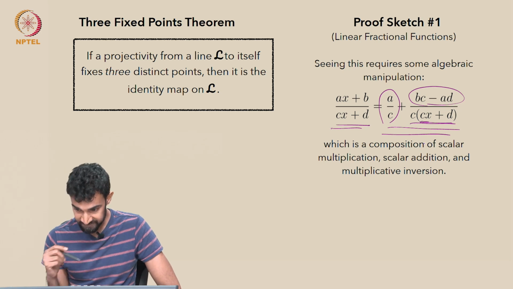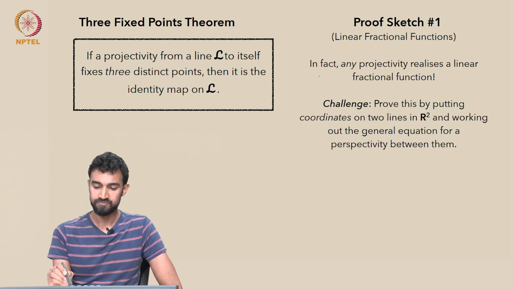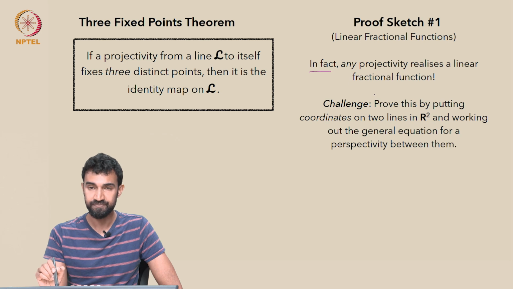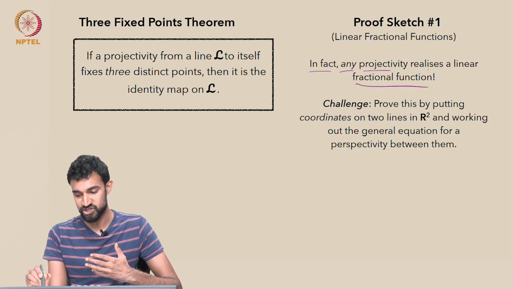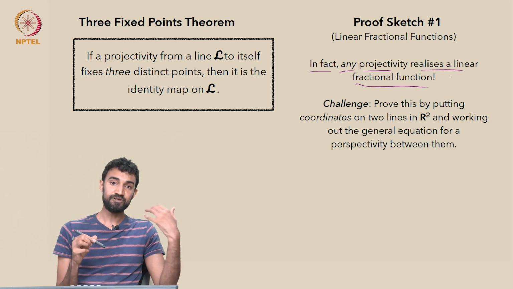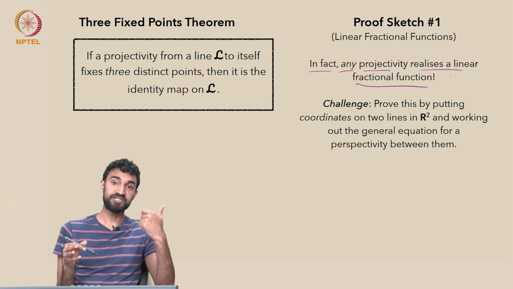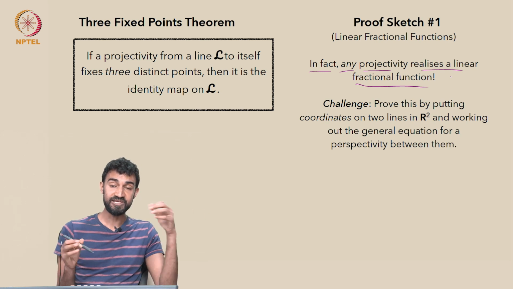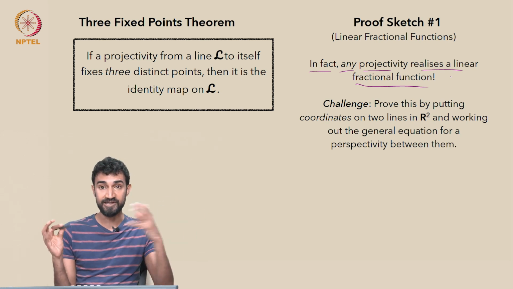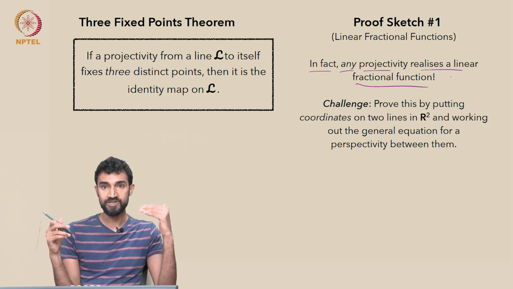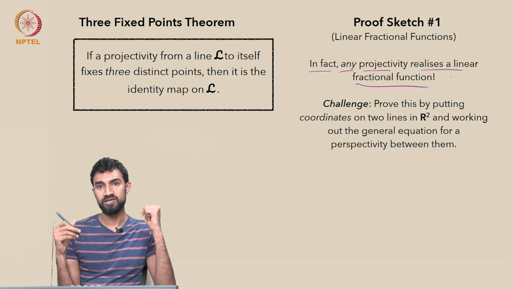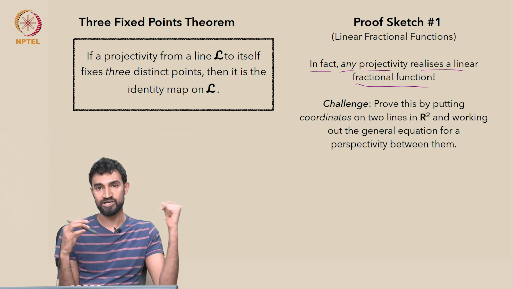So, the interesting thing, which is harder to see, is that any projectivity realizes a linear fractional function. We've seen that any linear fractional function can be constructed as a projectivity. But conversely, any projectivity you create, no matter how complicated, from a line to itself, from the real line to itself, is actually capturing some linear fractional function.